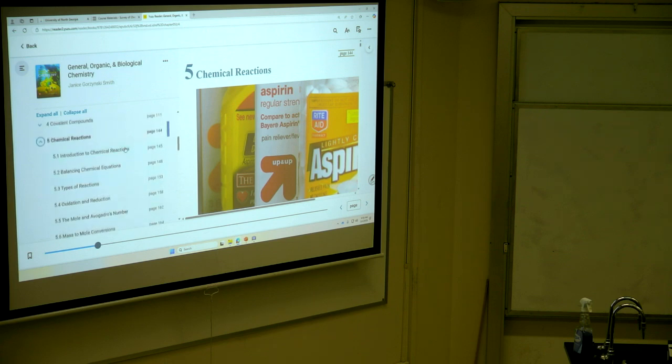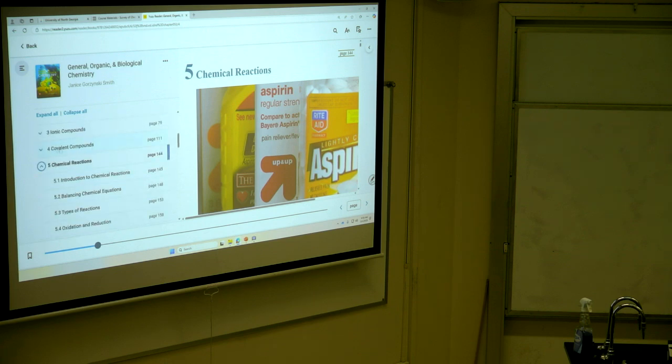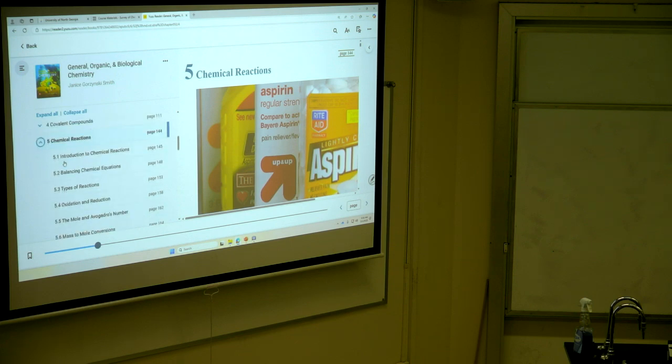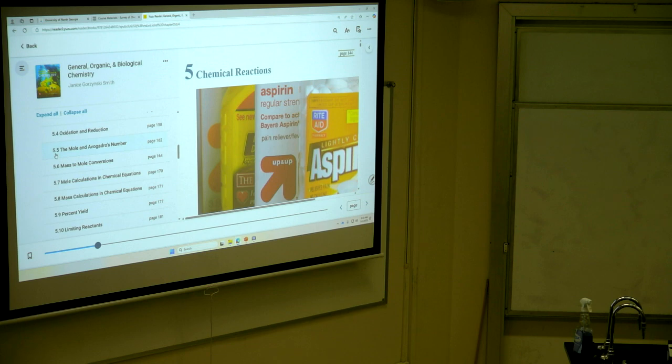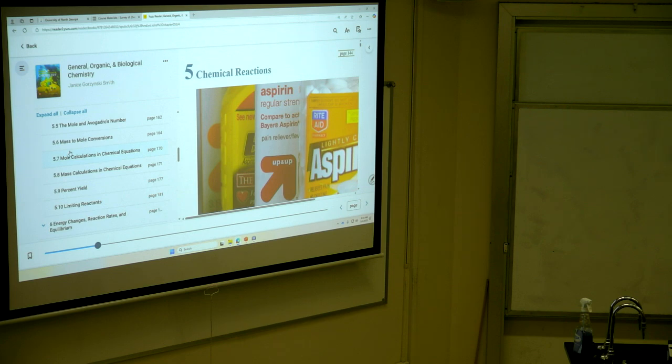So chapter 4 was the first chapter that would be on test 2. Chapter 5 is chemical reactions, and I'm really starting in 5.5. I'll do 5.5 and 5.6 first. I really feel like they went out of order here. So I'm skipping up to that, but mole is where we are.